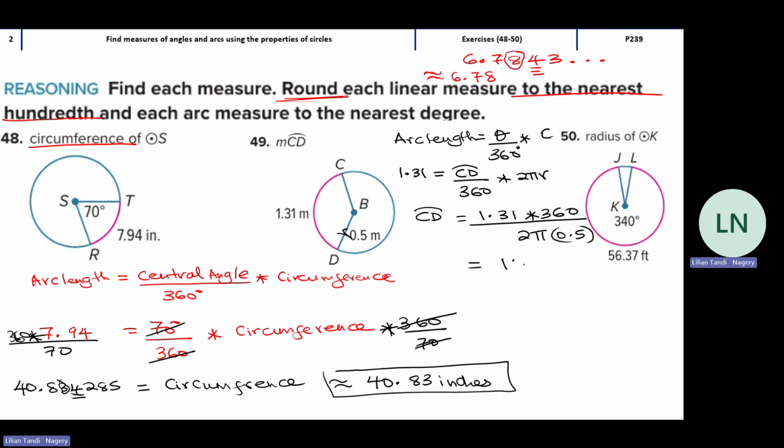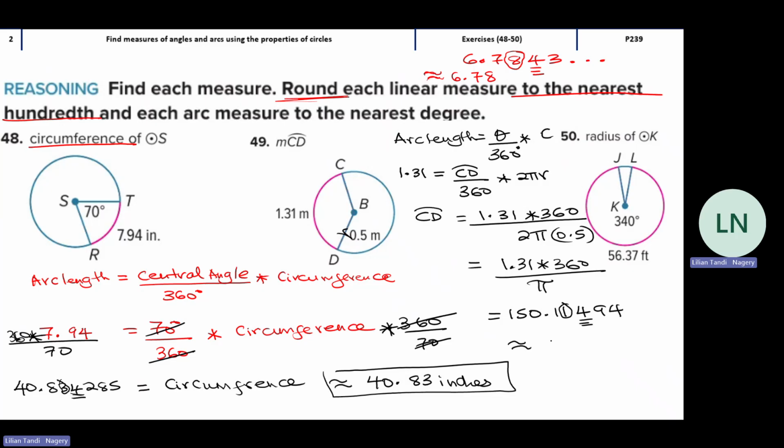So this will be 1.31, or 1 and 31 hundredths, times 360 and divide by pi. And this should give us 150.11494. You circle 1, you underline 4. We are not adding.